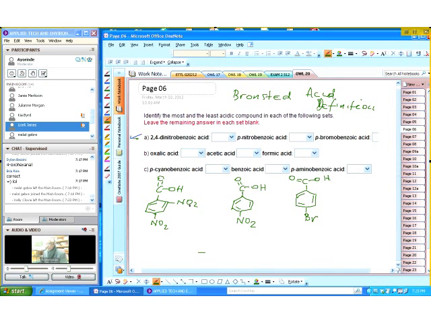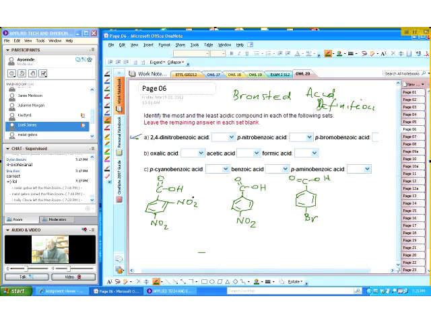The nitro group is strongly electron withdrawing. The bromine is mildly electron withdrawing, not as much as the nitro.